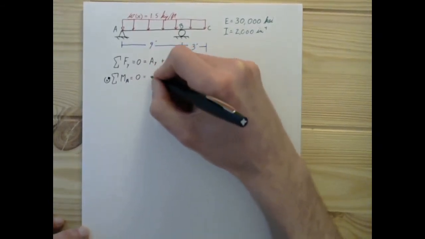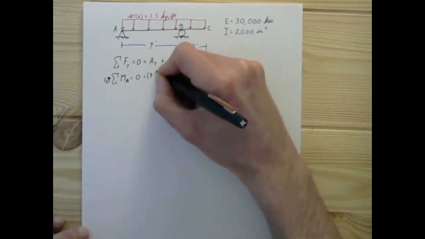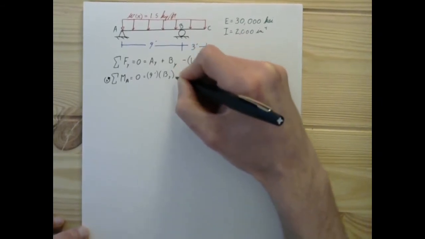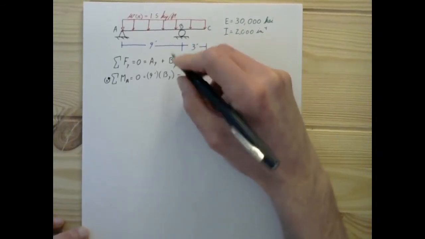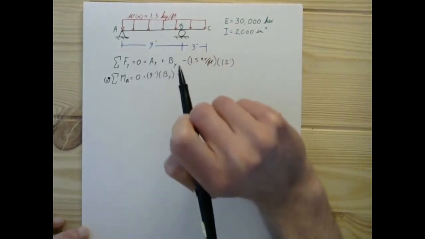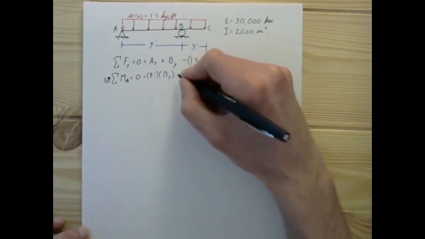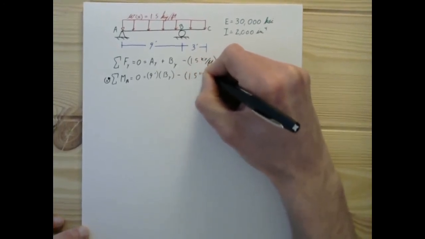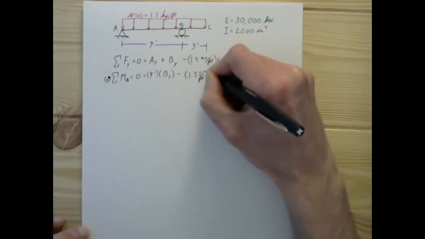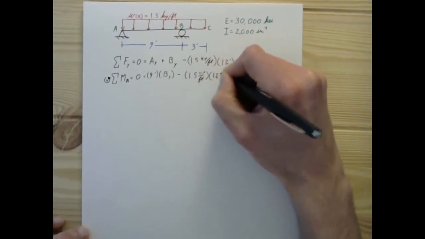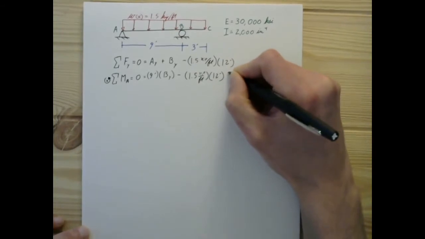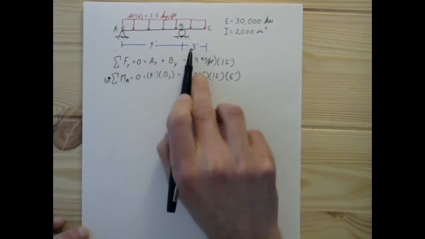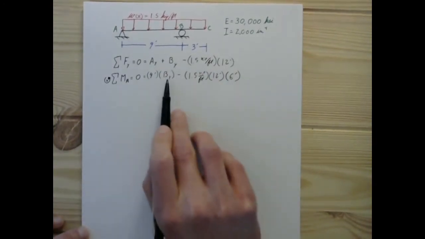That's going to be 9 feet times the reaction at B in the y direction minus, because the distributed load is going to cause clockwise rotation, the magnitude of that load, 1.5 kips per foot times 12 feet, and the lever arm for that is going to be 6 feet, which is 1/2 of the full 12.